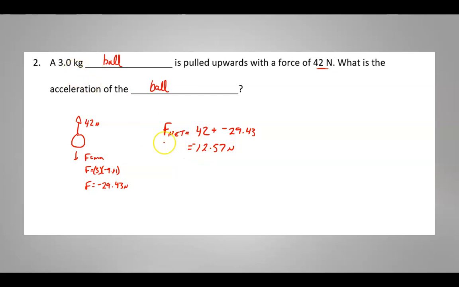And because we have the mass of the ball, we can find that acceleration. a is equal to F over m. That acceleration being 12.57 divided by 3 gets you an acceleration of 4.19 meters per second squared. And the direction is up because, again, acceleration and force are both vectors.